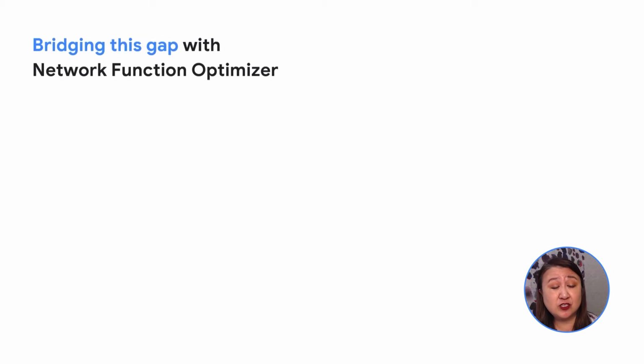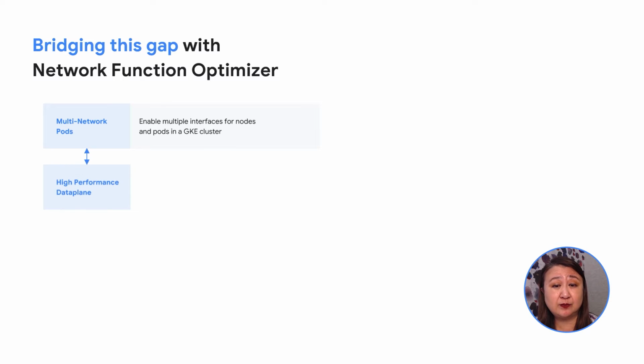So the Network Function Optimizer can bridge this gap in 4 ways. Firstly, we provide multi-network pods, which enable multiple interfaces for pods and nodes in the GKE cluster. Secondly, we provide a high-performance data plane, so we deliver a software-based high-performance data plane which removes the underlying hardware and NIC dependency.